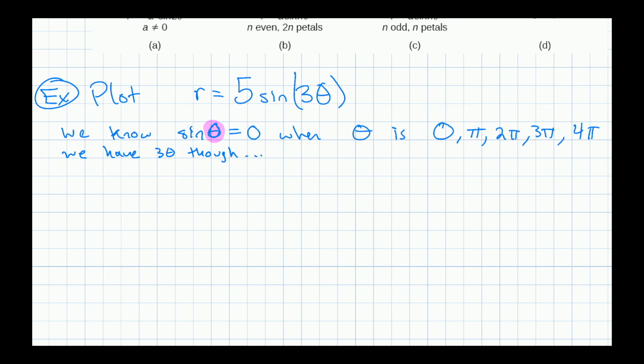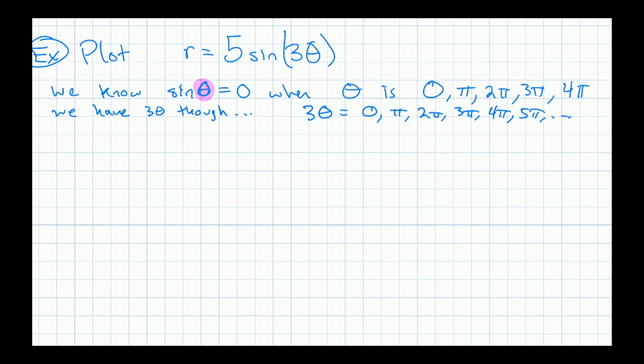So for us, 3 theta equals 0 or pi or 2 pi or 3 pi or 4 pi or 5 pi, dot, dot, dot. And if 3 theta equals those angles, then we divide by this 3 here. So if you just go over 3, over 3, over 3, dot, dot, dot, then this would be telling you all of the angles where the radius is 0.